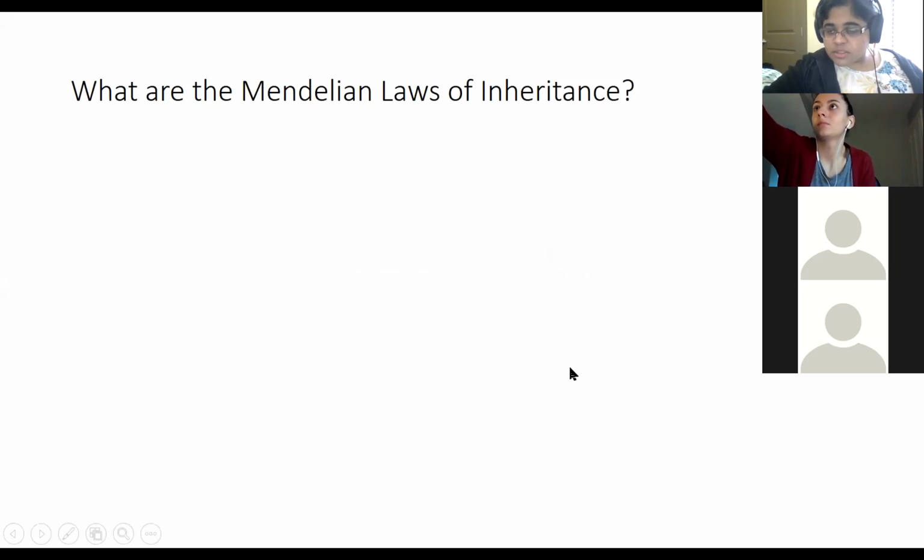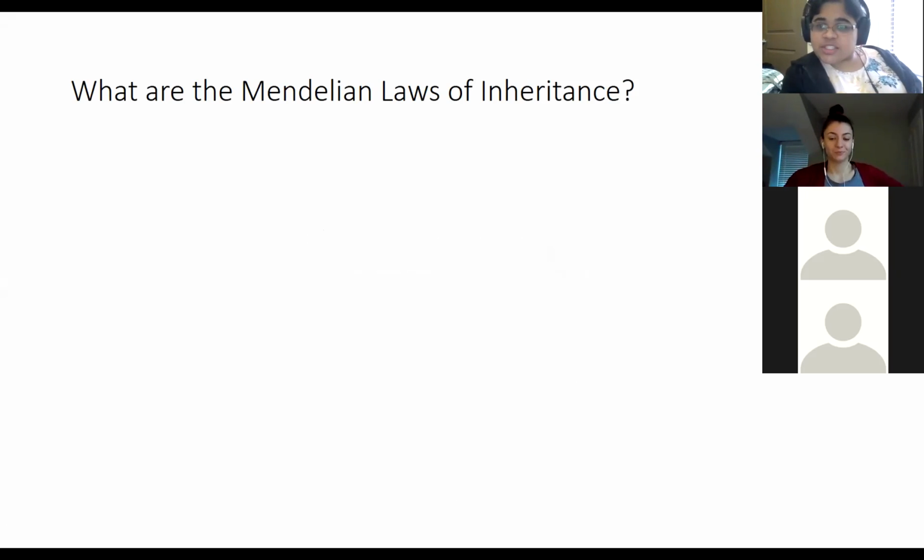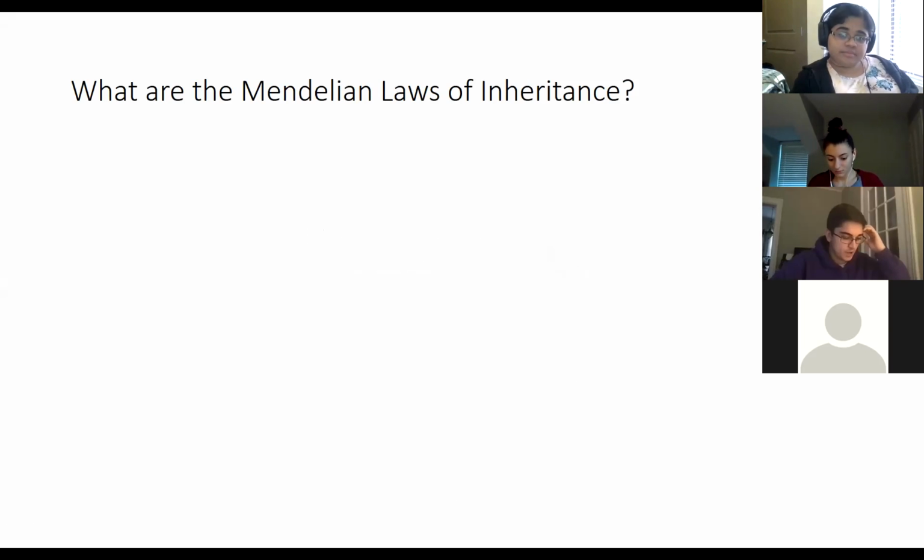Okay, so let's go into some Mendelian laws and have fun with Mendelian genetics. What are the Mendelian laws of inheritance? Do you guys remember? Are you talking about his 3 postulates?